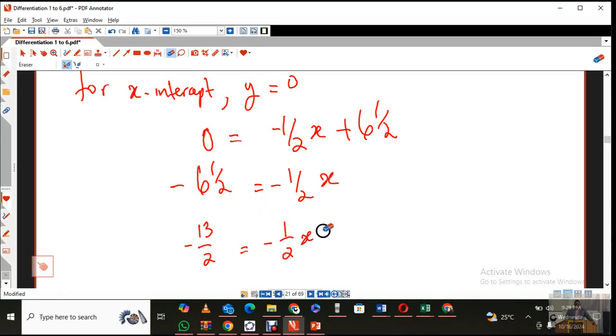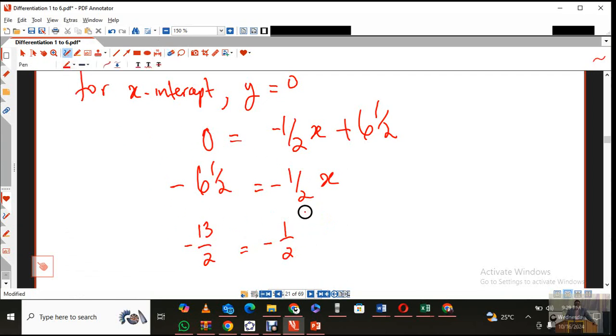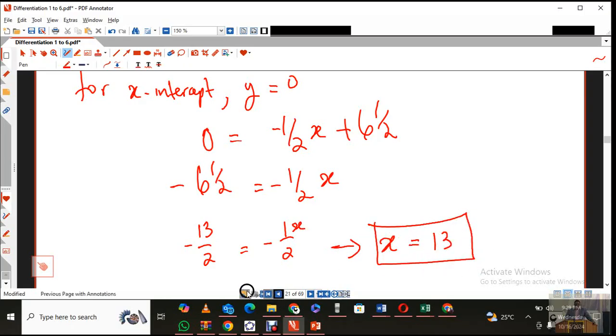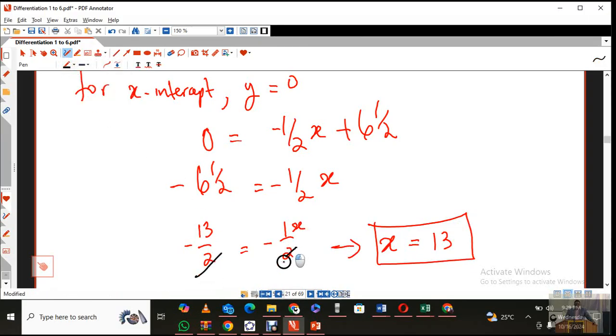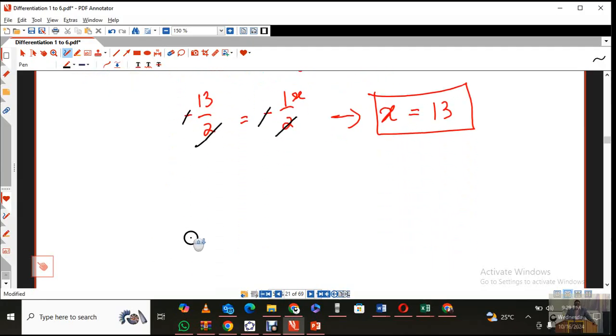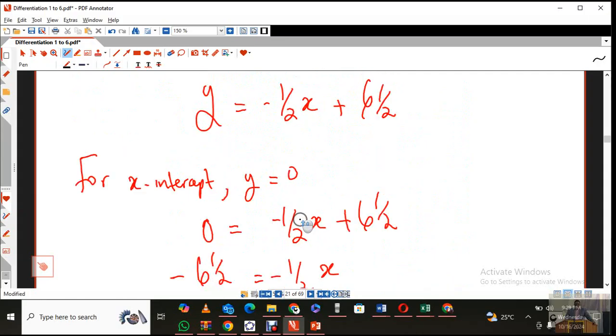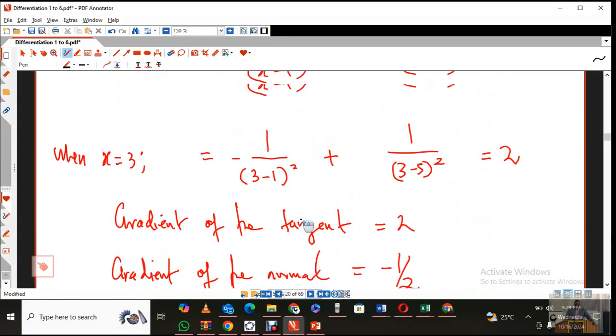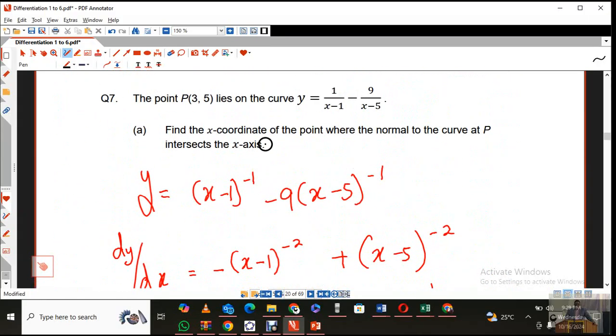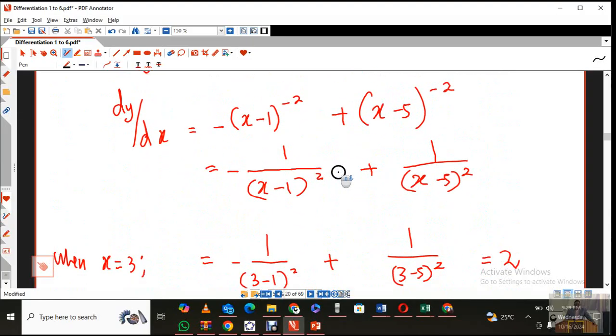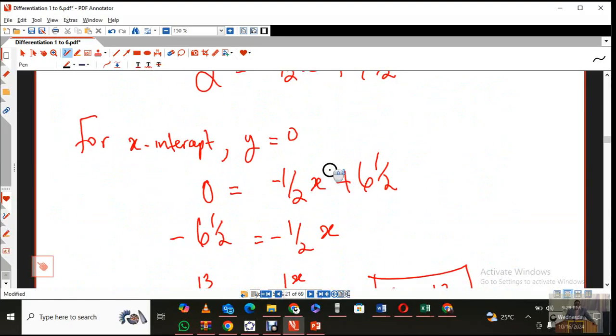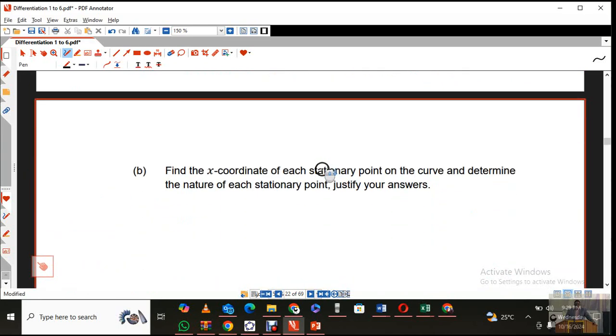If the denominators are the same, we can drop them. This implies that x is equal to 13. Clear? Right. They wanted us to find the x coordinate. So the x coordinate is 13. They don't want us to find the coordinate pair.